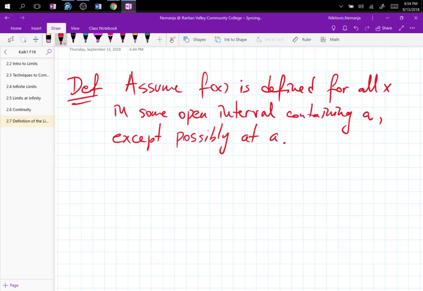They all have to have their y values, and the only open circle that you can have could be at A. Remember that the limit still exists if you have an open circle, but that has to be a single open circle point in the neighborhood. So assume that f of x is defined for every y value on an open interval containing point A except possibly at A.